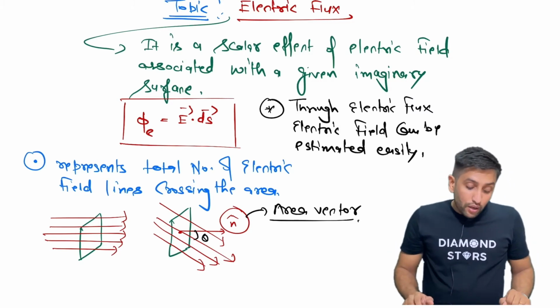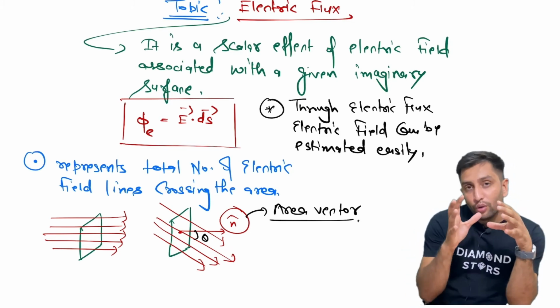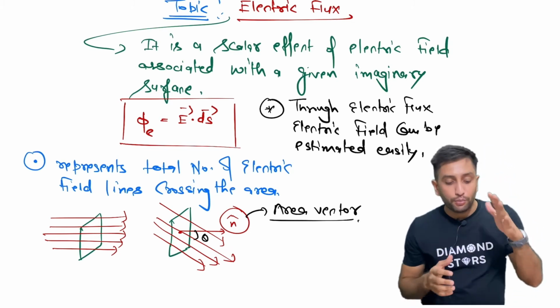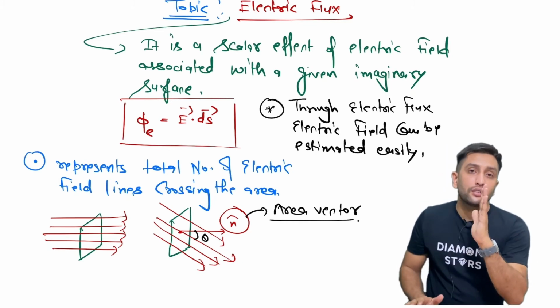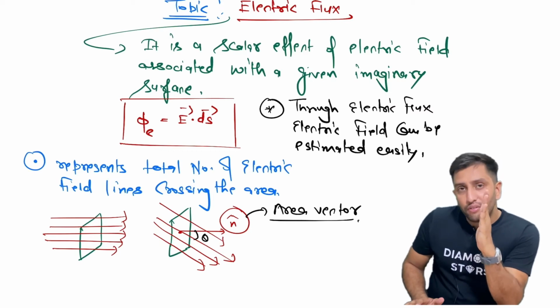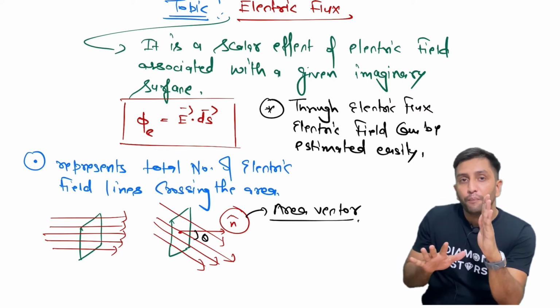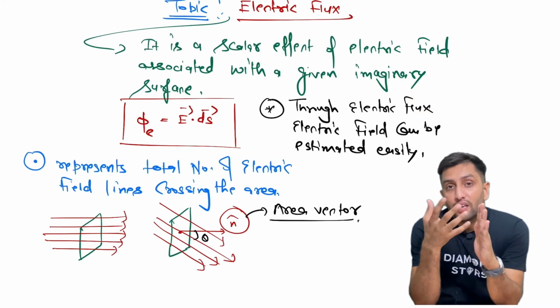Electric flux. I have told you how many electric field lines pass through a surface. Suppose a charge distribution is there, and this surface is placed in an electric field. Electric field is geometrically represented by electric field lines.